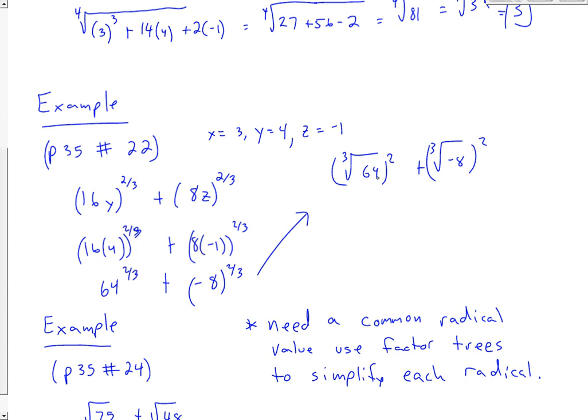I can take the cube root of 64, that is 4. So this is going to give me 4 squared. I can take the cube root of negative 8, which is negative 2, and that is going to be squared, which gives me 16 plus 4, and I get a final answer of 20.